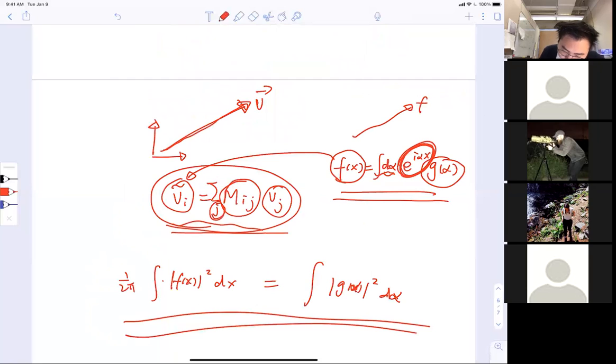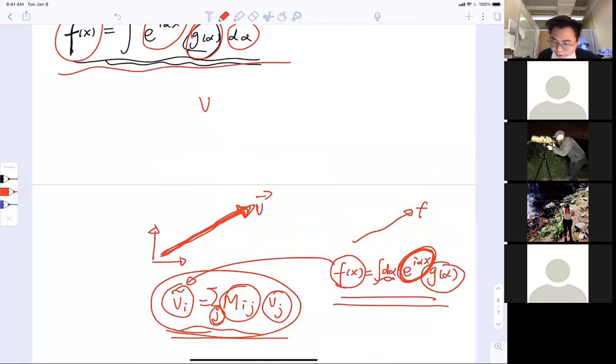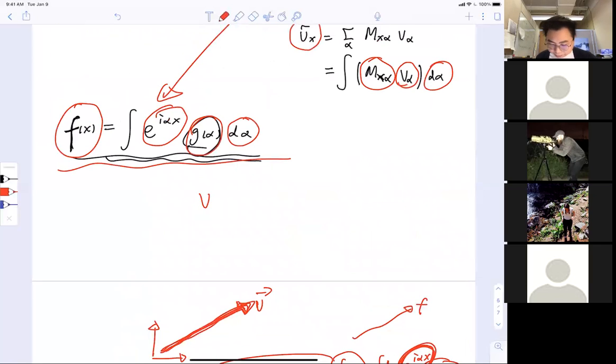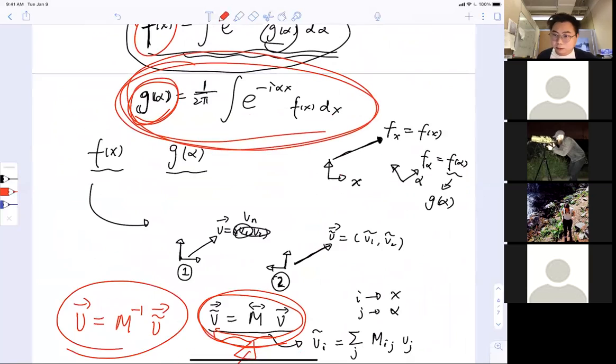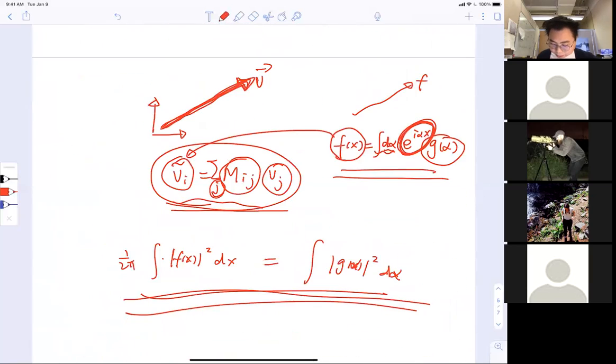If you use the vector analogy, this tells you the magnitude of your vector is invariant in two bases. That's of course true. And also, because they contain the same information, if fx is an even or odd function in your x basis, then your g alpha is also even or odd in this alpha basis.